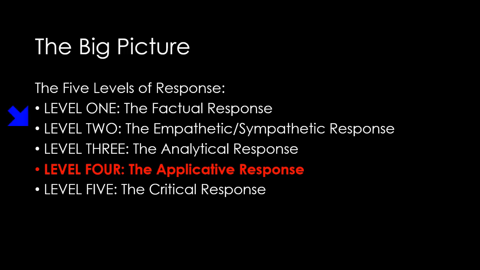Next, operating from the premise that the more students can connect with a text, the more carefully they will read or think about the text, level 2, or the empathetic sympathetic level, seeks to create a personal connection between the student and various aspects of the course content.